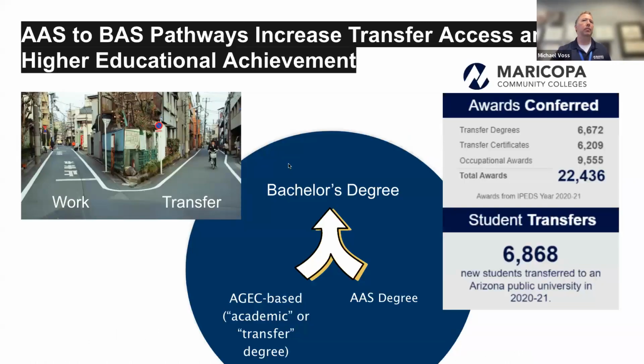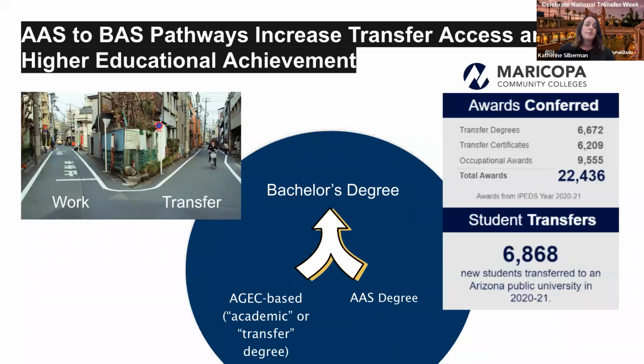And it was really like a fork in the road. You had to choose between being headed for work preparation or being headed for transferring to a university. If you, as a student, didn't decide early on and you started taking classes, you ran the risk of racking up a lot of credit in classes that might not apply to your ultimate goal.